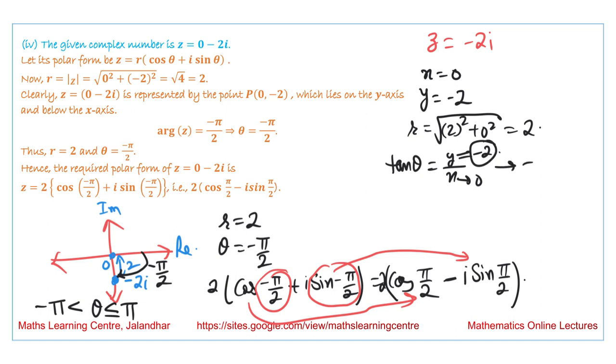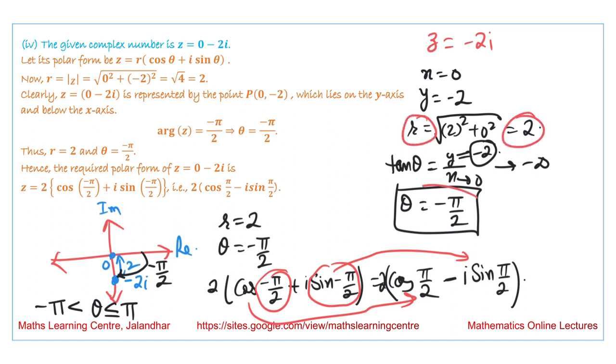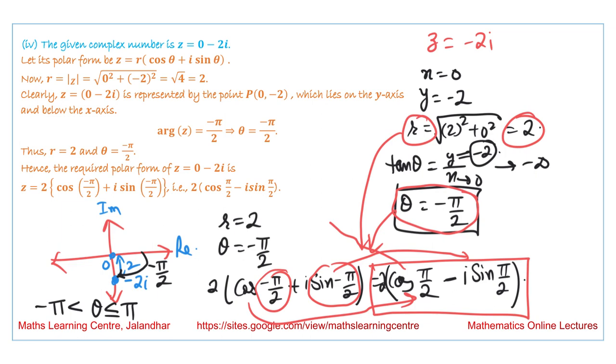So this value is tending to minus infinity. So the value of theta is equal to minus pi by 2. So these are the values we have: r is equal to 2 and theta is equal to minus pi by 2. Again substituting these values, we obtain this answer, and this is the polar form corresponding to this number.